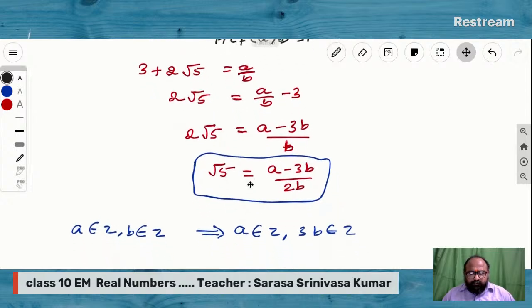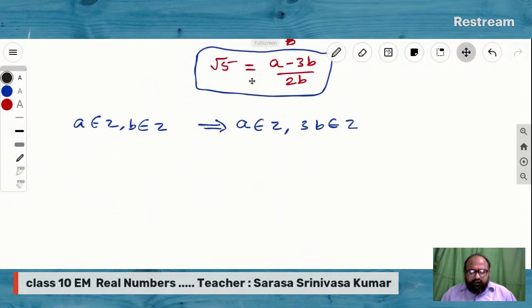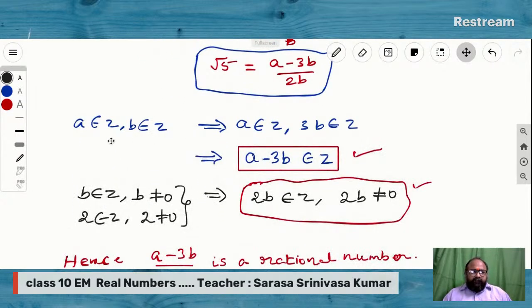Now we continue our mathematical argument. a is an integer, b is an integer. This implies that a is an integer and 3b is an integer. Why is 3b an integer? 3 is an integer, b is an integer. The product of two integers is again an integer, so we are applying the product property of integers.